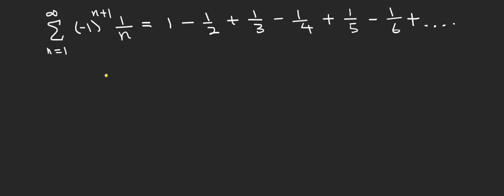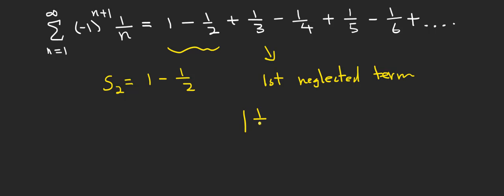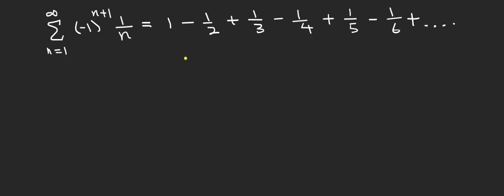So let's say you want to find S of 2. That will be 1 minus 1 over 2. Our first neglected term is 1 over 3, or you should say the absolute value of 1 over 3, which is 1 over 3. So that means for this approximation, the error will be at most 1 over 3. Now let's say you want to find S of 3. We should be adding these first three terms. And what is the first neglected term here?